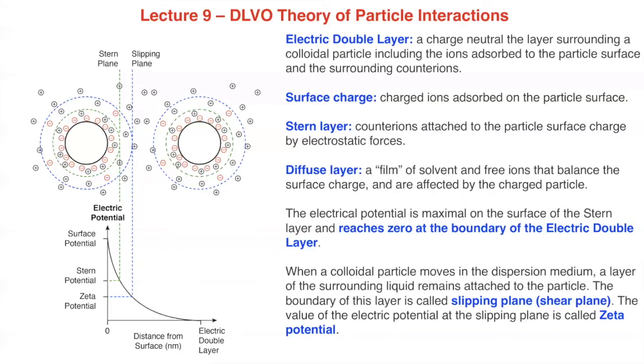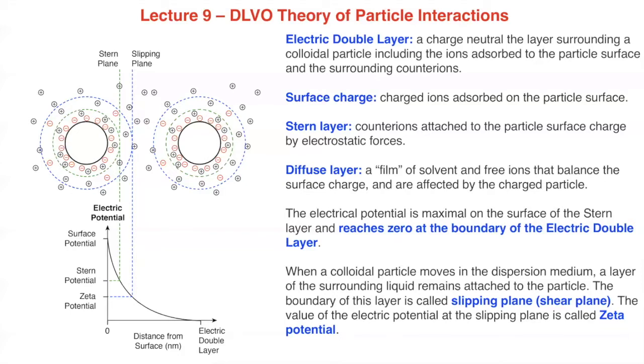And so if you look at the size of the object as it's moving, you have to include some of that solvent and some of those associated ions to really understand how large it appears, and the slipping plane defines those things that move with the particle as it diffuses through solution.